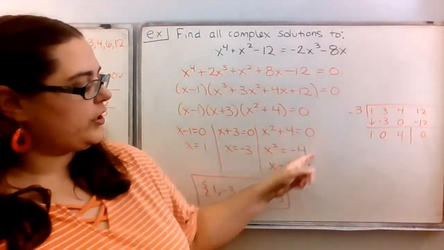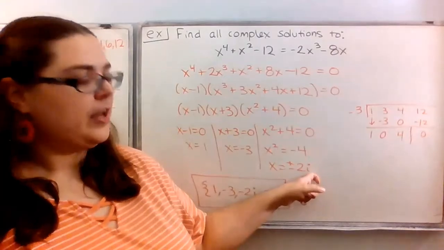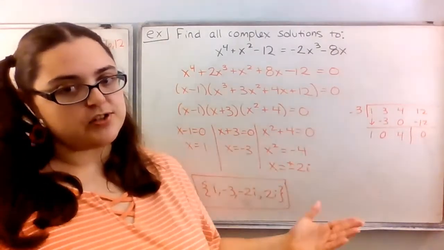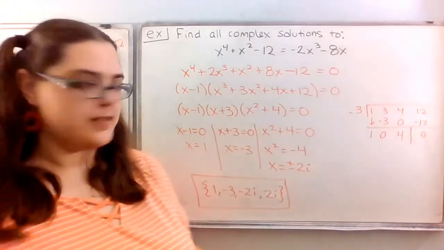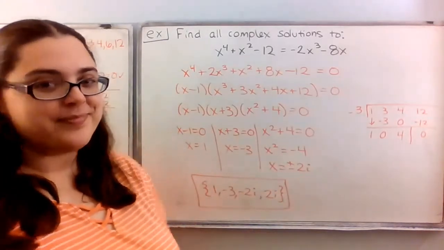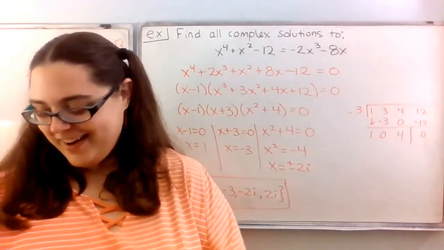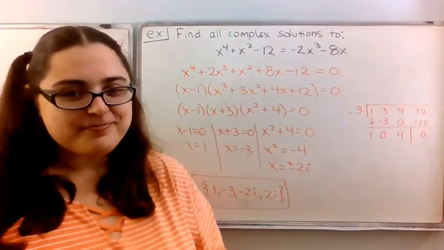When I brought the 4 over here, it became a -4. And when you square root a negative, you're going to get that i. And remember, when you take the square root to solve an equation, you need that plus minus. So that's how I got positive 2i and -2i. So there we go. That was my solution for this problem.